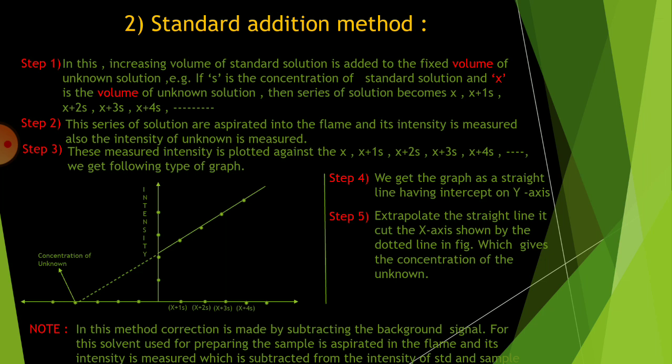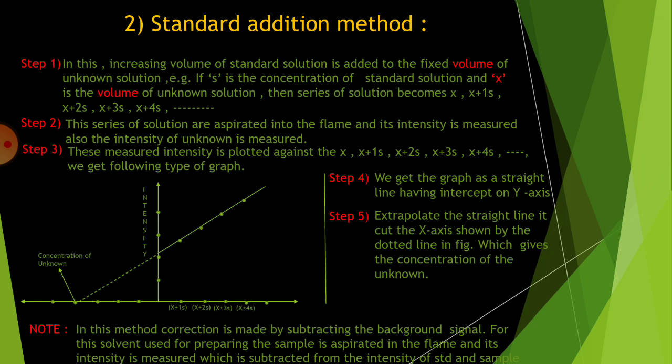This graph is not going to pass through the origin, but it is going to have an intercept on the y-axis as shown. So this graph we have to extrapolate so that it will cut the x-axis, which is shown by the dotted line, and that will give us the concentration of the unknown.